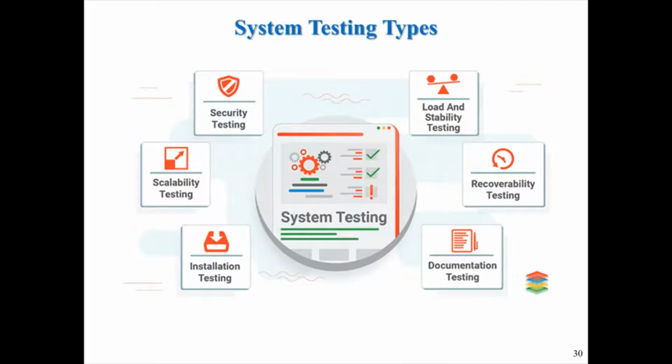You must write all the workings of your software as documentation, and that documentation is provided as a part of the delivery of the software to the client. Then recoverability testing: how easy is it to recover from a failure of your software, as there are several cases when software fails. Then load testing and stability testing. These are the major types of system testing.